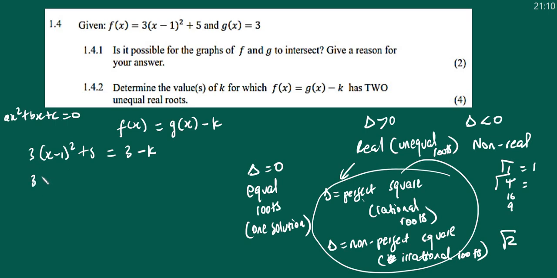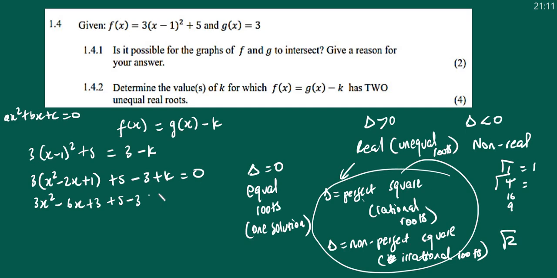So we're going to say 3 into x squared minus 2x plus 1, plus 5 minus 3 plus k is equal to 0. This means you're going to have 3x squared minus 6x plus 3 plus 5 minus 3 plus k is equal to 0, which gives you 3x squared, and then minus 6x. 3 minus 3 is 0.